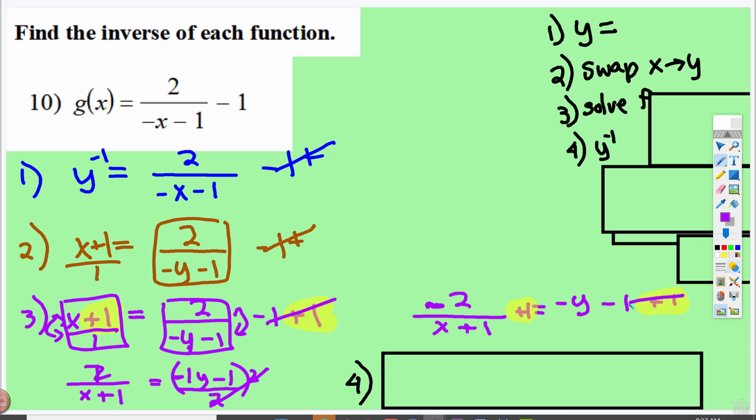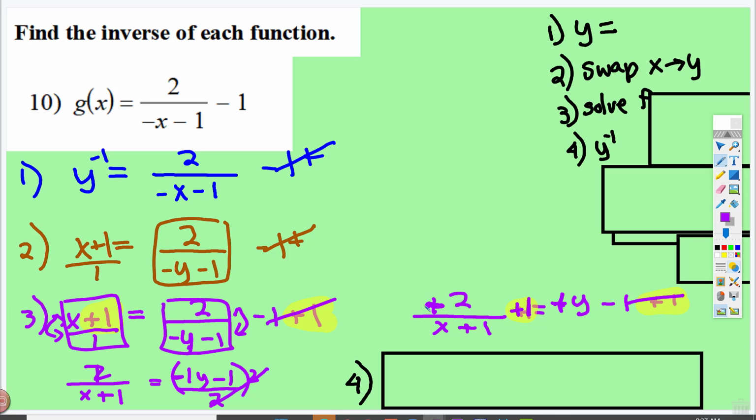So now we're going to add y to both sides, or add 1 to both sides. And then I've got this, that was a positive 2 right there. Then I'm going to get rid of this negative y by changing all the signs, because that's like multiplying by negative 1.